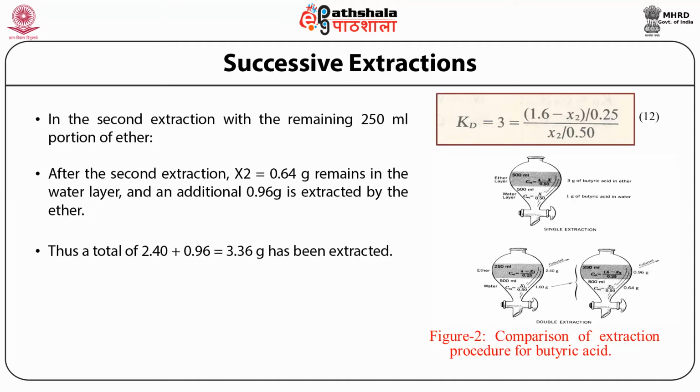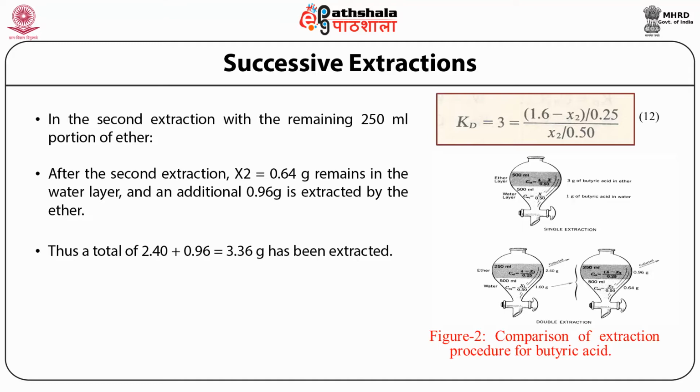So ultimately all the butyric acid will come to one solvent, that is the ether. Similarly, if our solute is more soluble in water in comparison to the organic solvent, then it can be taken out into the aqueous phase by intermixing of both the solvents, which are immiscible and form layers in a separating funnel.